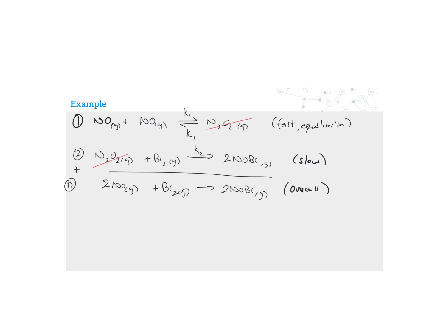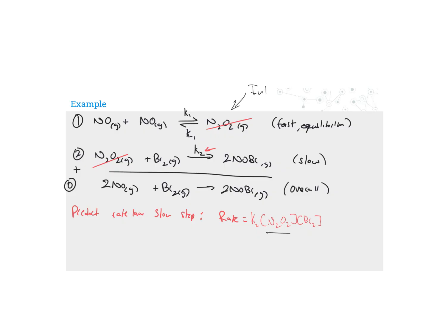Now, we always estimate, we predict the rate law from the slow step. We should always do that. And so we predict that the rate law for this reaction should be the following. Rate equals K2, because that's the rate constant for the slow step, times the concentration of N2O2 times the concentration of Br2. And what we notice here is a problem.